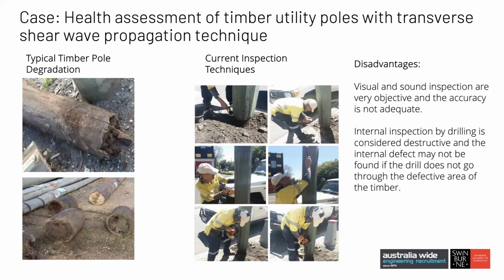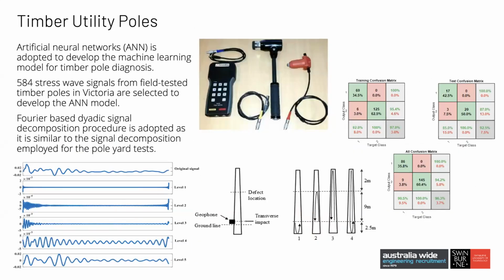And currently, we have utilized computer vision and AI algorithms for assessment of those timber poles. The inspection can be done very accurately by utilizing different types of devices, tools and sensors. And the collected data will be transferred to the backend server, and the backend server can utilize those AI algorithms for detecting the defects.